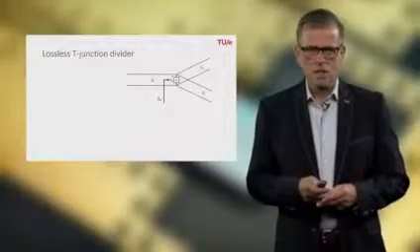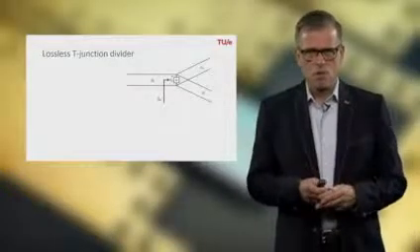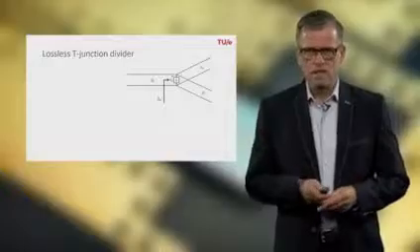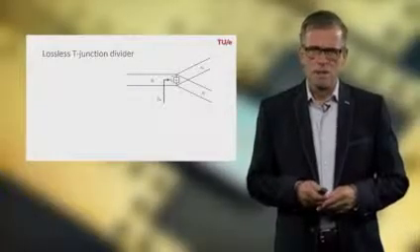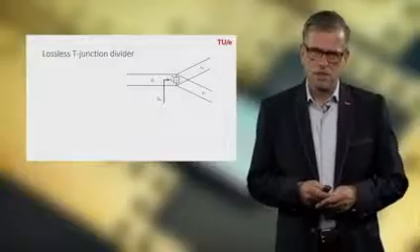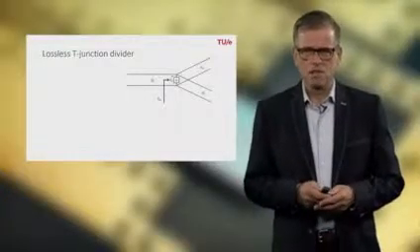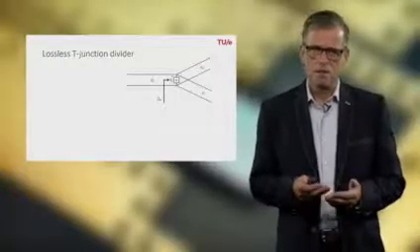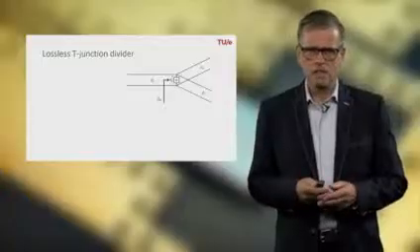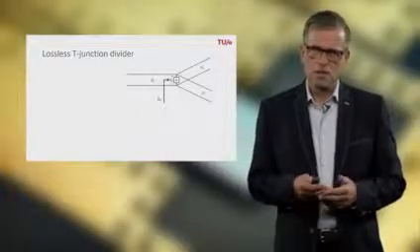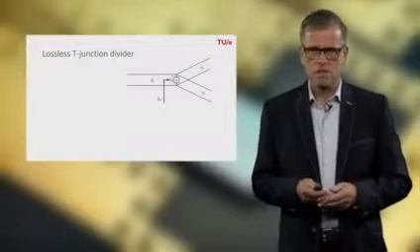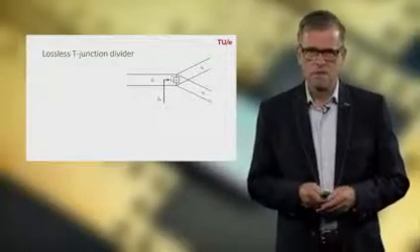Well, let us take a look at the simplest form of a power divider, which is the T-junction divider. It consists of 3 transmission lines which are connected directly to each other. A transmission line at the input with the characteristic impedance of Z0, and at the output ports we have other characteristic impedances, in this case Z2 and Z3.